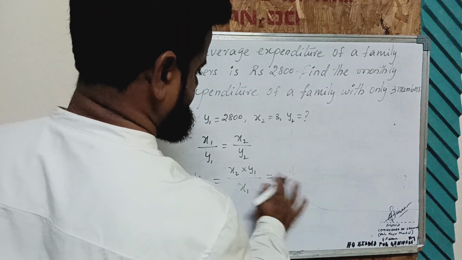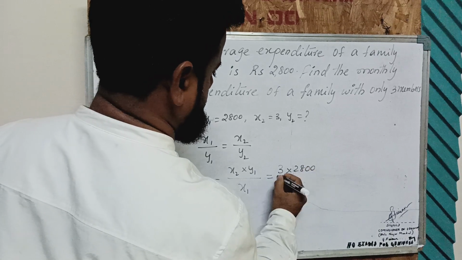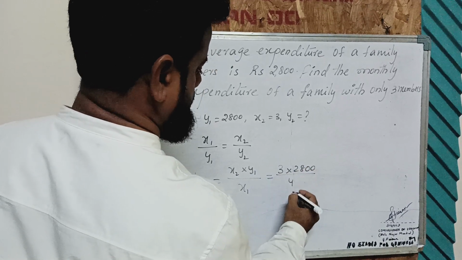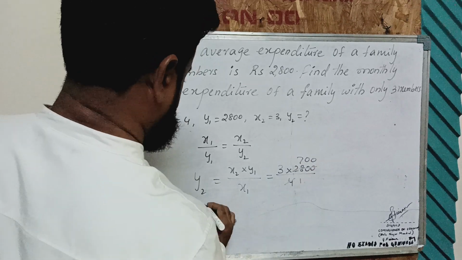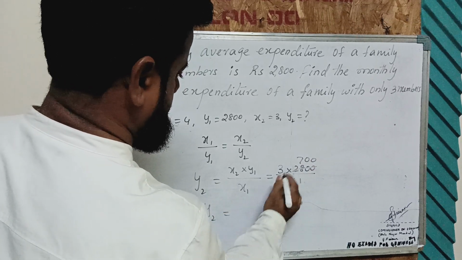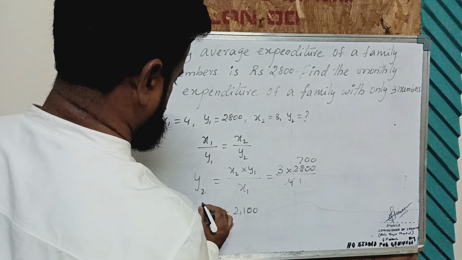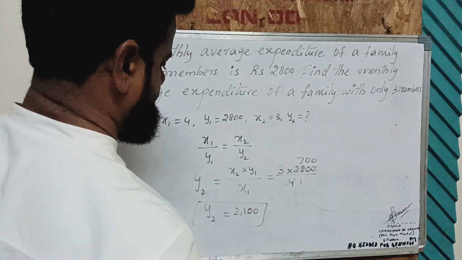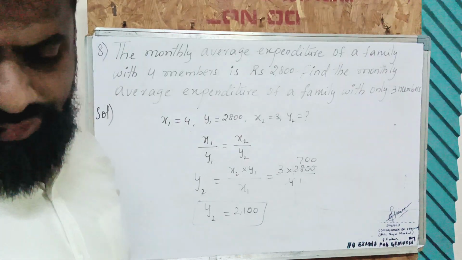X2 is 3, y1 is 2800, x1 is 4. Let us cancel this. 4 ones are 4, 700. So y2 is coming as 3 sevens are 21. So y2 will be equal to 2100. Please make a note of this.